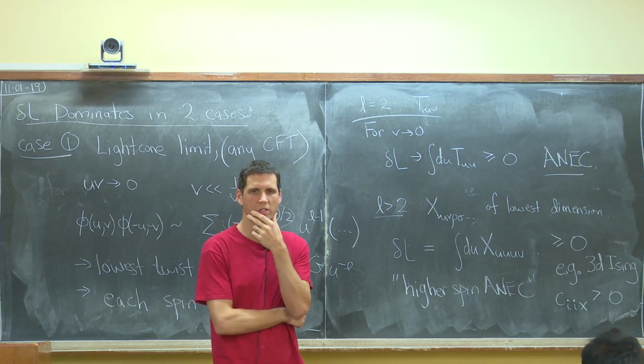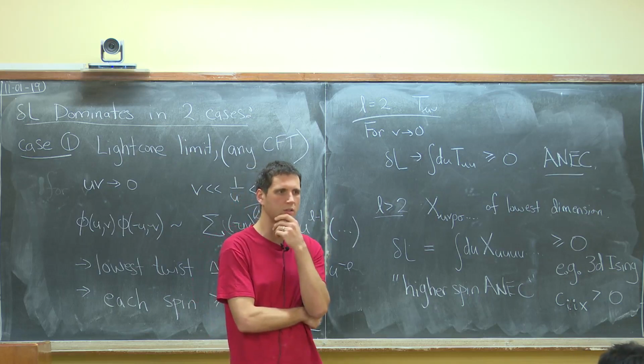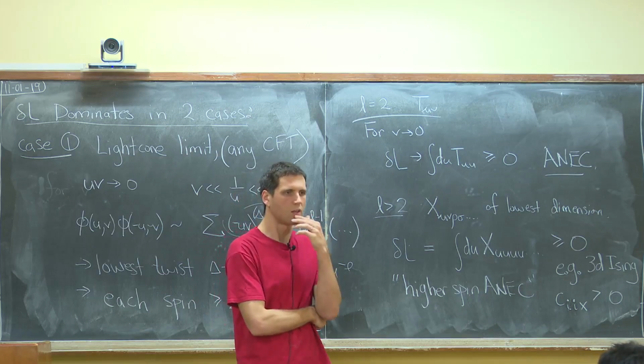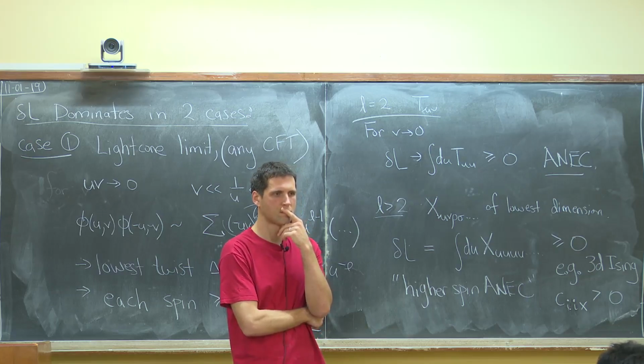Yeah, I imagine that should work. We should be able to use WKB on the bulk field equations, whatever they are, and get an equation like that and generalize this OPE. So it would be like delta times stuff coming from H and then the other charges and so on. Yeah, I think so.